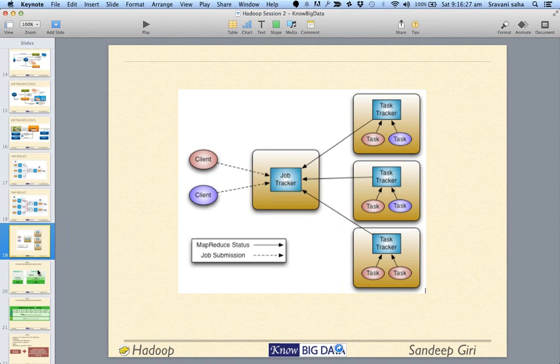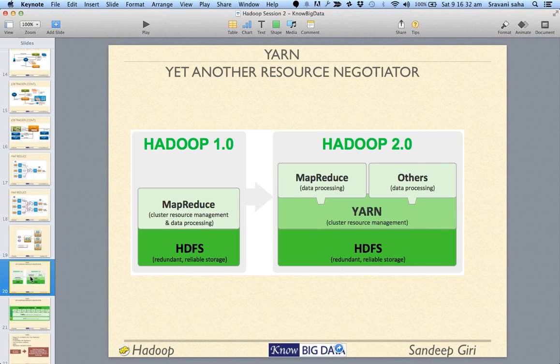Now in Hadoop 1.0, there was HDFS and there was MapReduce. MapReduce took care of both things. It took care of running the processes, job tracker and task tracker here and there, as well as executing maps and reduces.